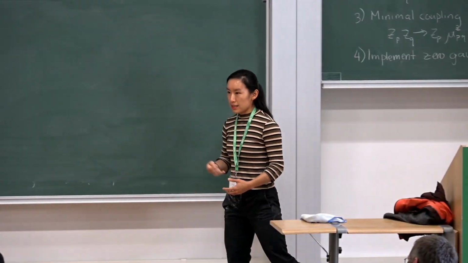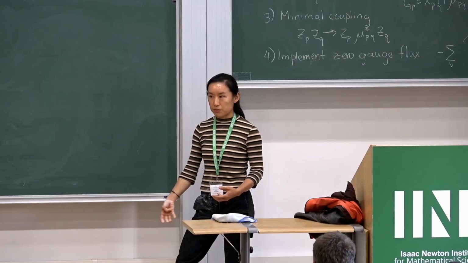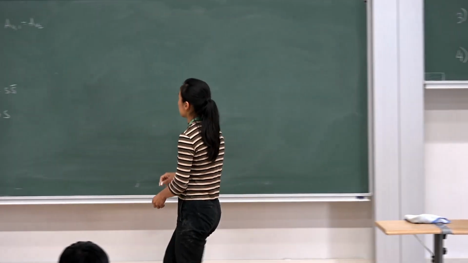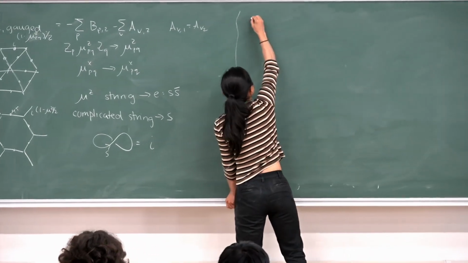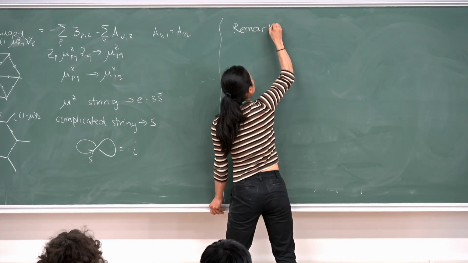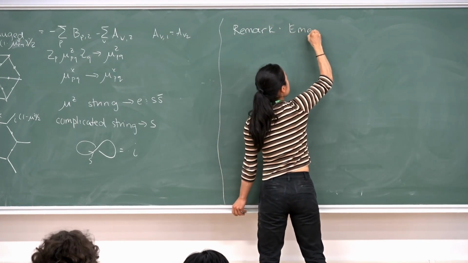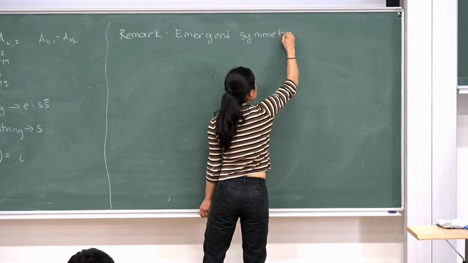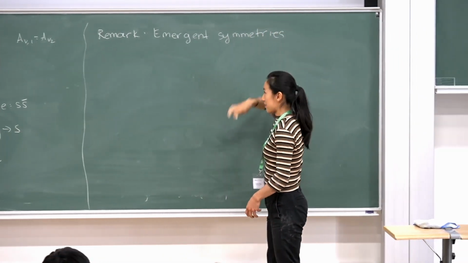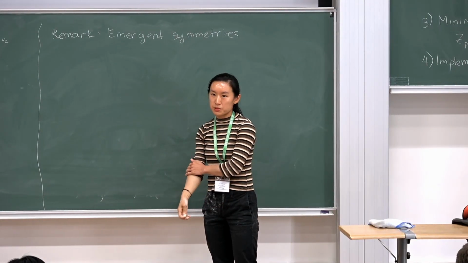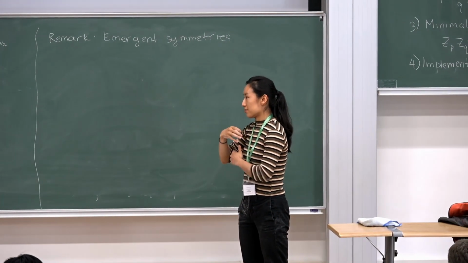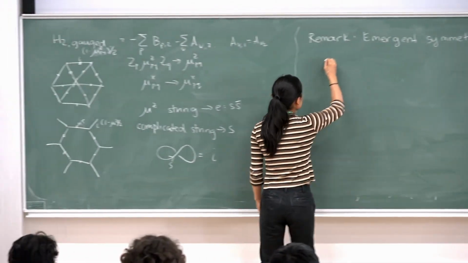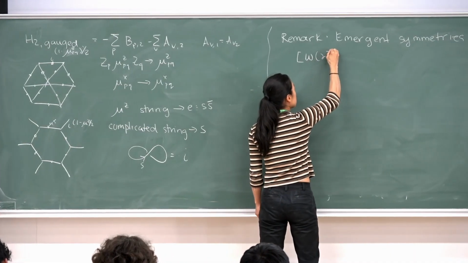In most cases where we study spontaneous symmetry breaking of one-form symmetries, they're not actually symmetries of the Hamiltonian at all. So in most cases where people find topological order, spontaneous breaking of these one-form symmetries in the world, there are no actual symmetries of the Hamiltonian, so there are no string operators that commute with the Hamiltonian, even the contractible strings.